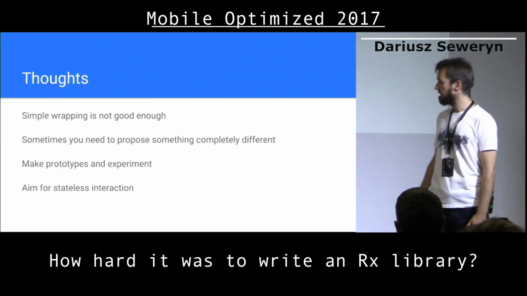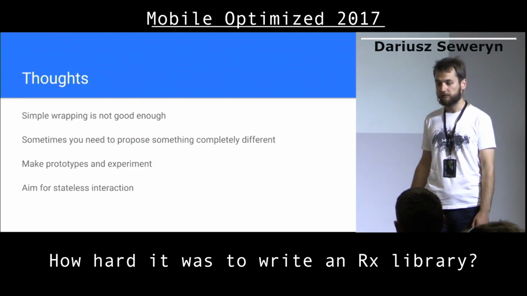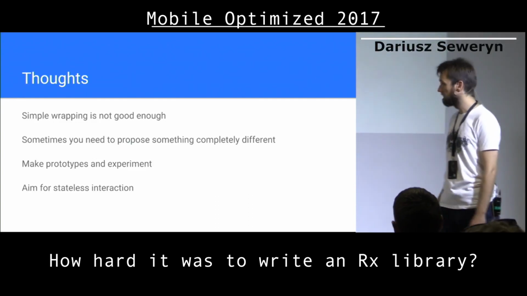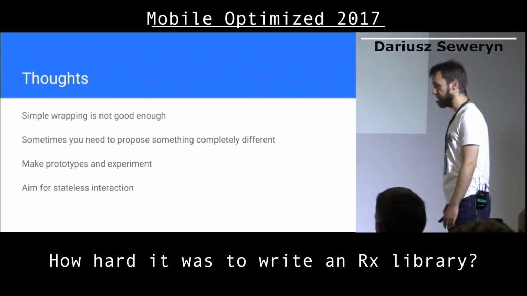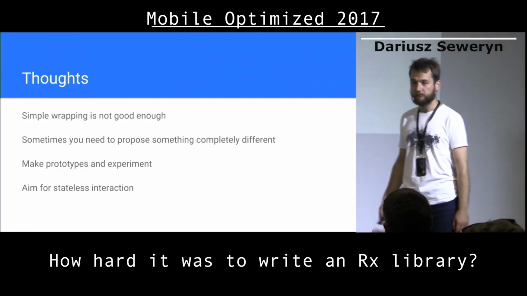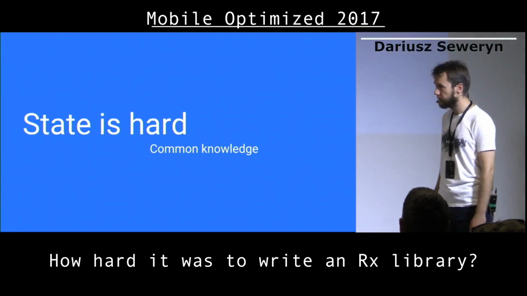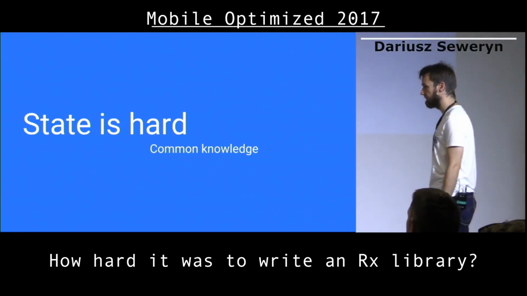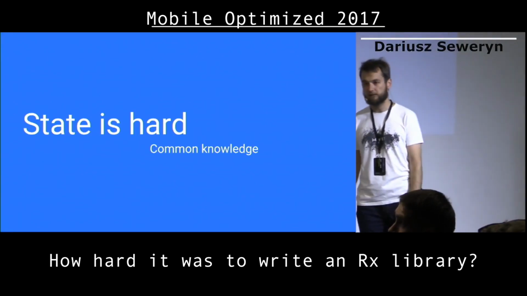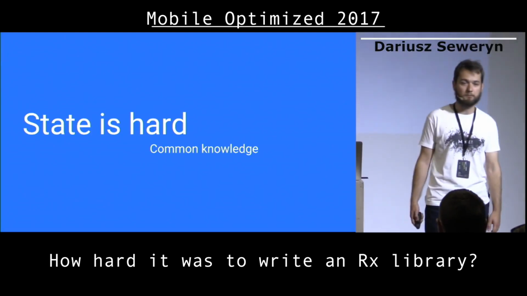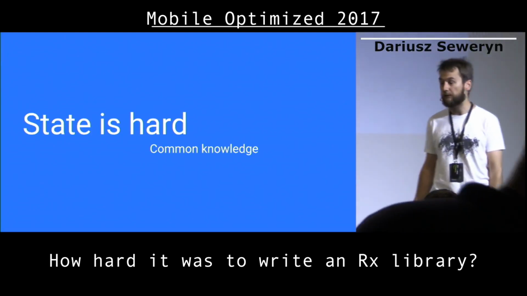You need to experiment a bit to find what works best, and you should aim for the most stateless functional interaction, because state is hard. State is the main culprit for the bugs that can happen.